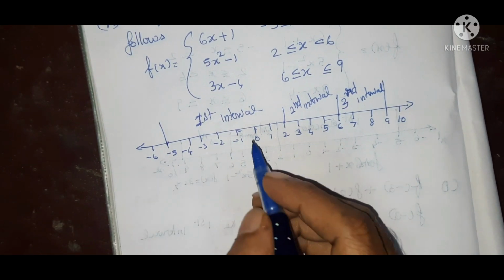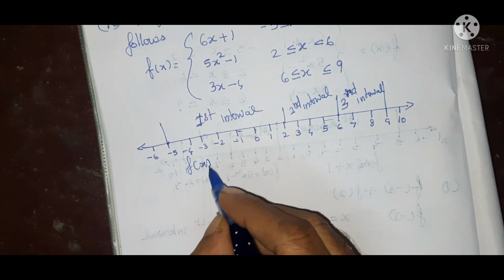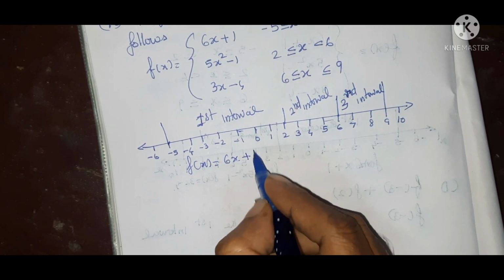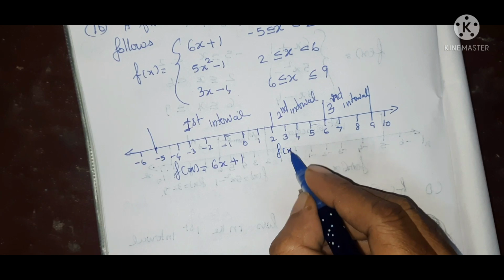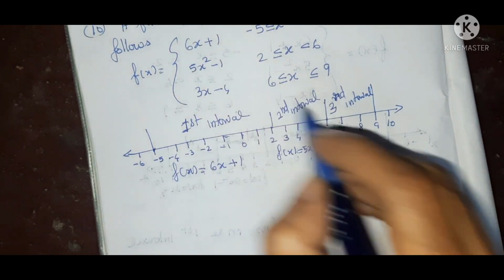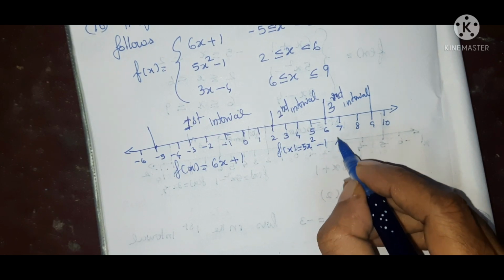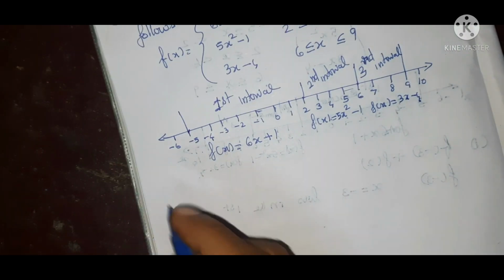In the first interval, the function is f of x is equal to 6x plus 1. In the second interval, the function is f of x is equal to 5x square minus 1. In the third interval, the function is f of x is equal to 3x minus 4.